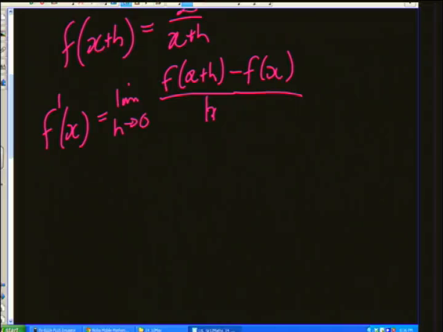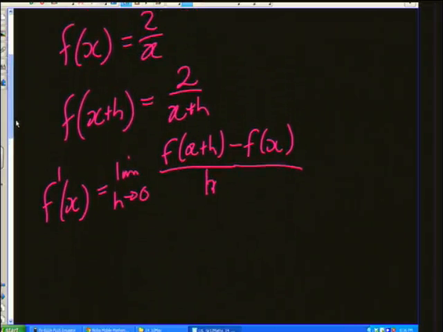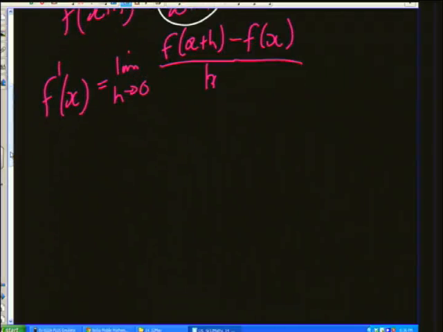And so now it becomes a little bit of an algebra problem, because all we've got to do is take this input and that input and put them into the equation. And we do that without forgetting in each line to write down the limit as h tends to 0. And I'm going to put that in now.